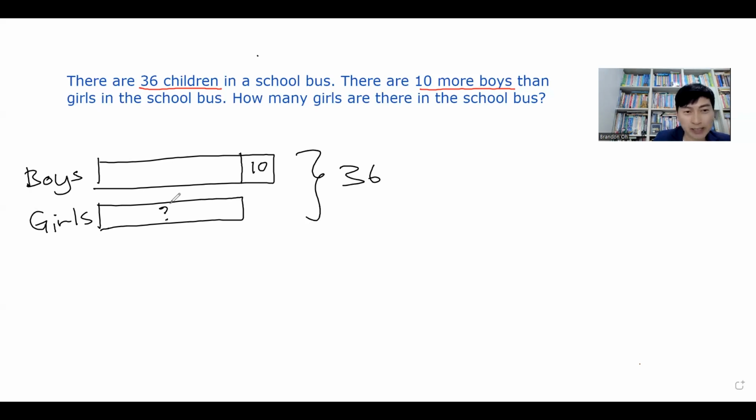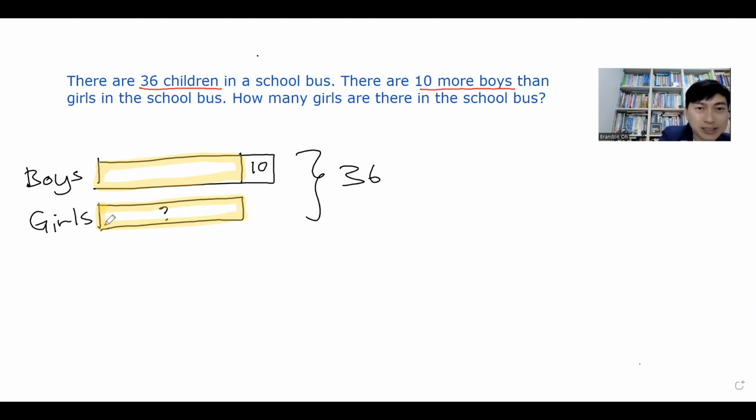How do we find the value of that part of the bar that represents the girls? What you can see here is that these two bars have equal lengths. That means the value of these two bars that I have highlighted in yellow will show the same value.